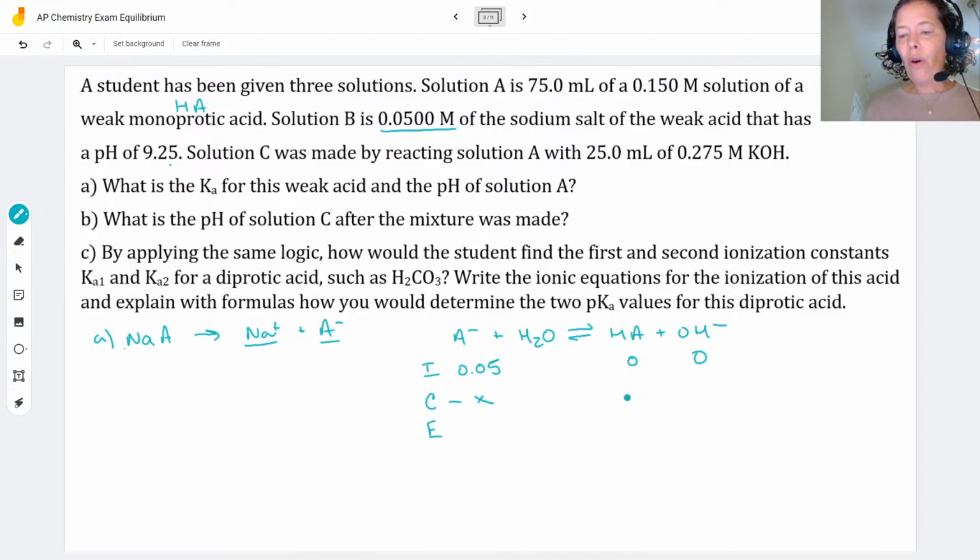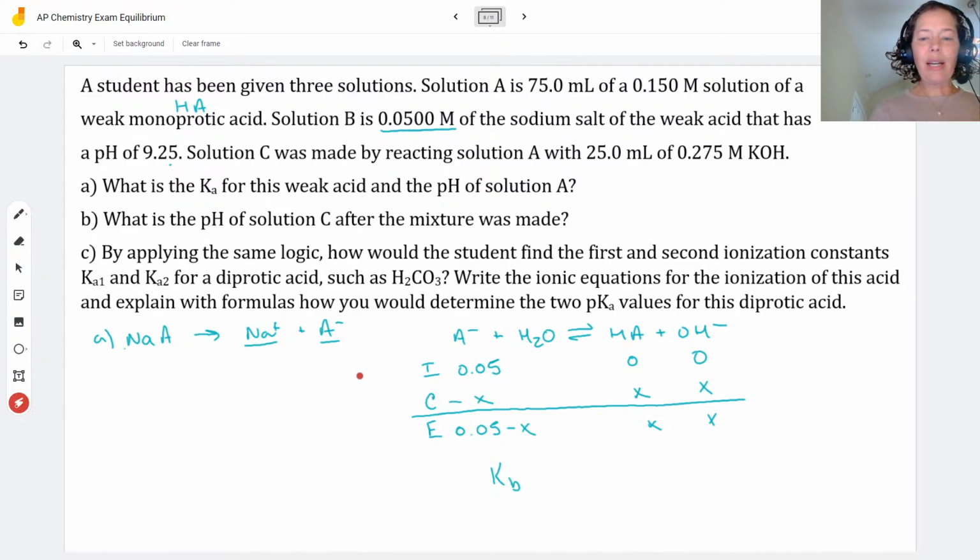I don't know what my change is, but I know that I'm going to use up some of my conjugate base and form some of my weak acid and some of my hydroxide. So your equilibrium concentrations are just down the column. Okay, I can write a K for this. This is a Kb because that's a conjugate base. So I'm calling this a Kb because that is a base, but it's still just products over reactants.